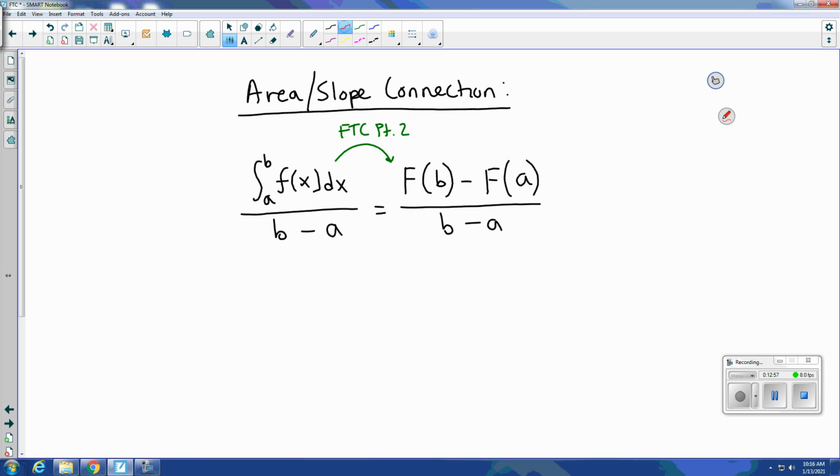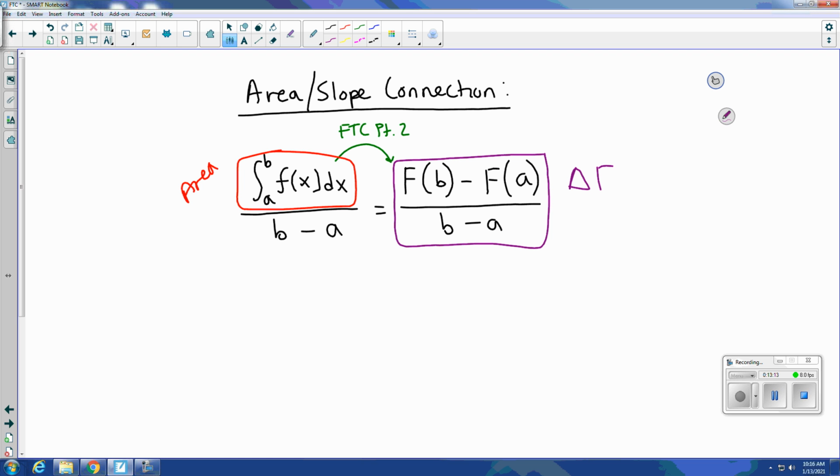Okay, so what's going on here? We know that integration computes area. And then look at this formula that we have on the right here. That looks like delta capital F over delta length of the interval in a sense, right? Change in output over change in input. This is the slope from a to b for the antiderivative of f.